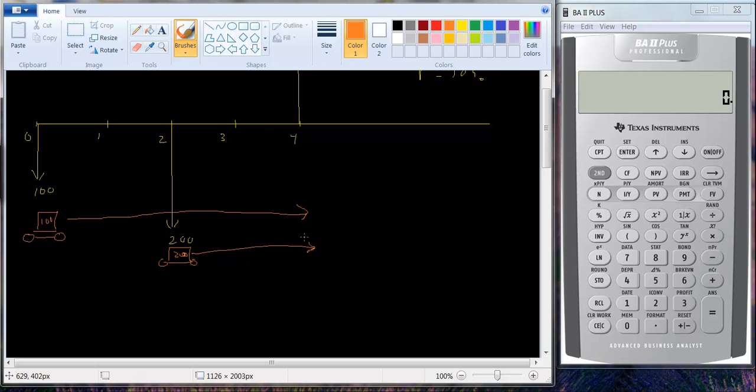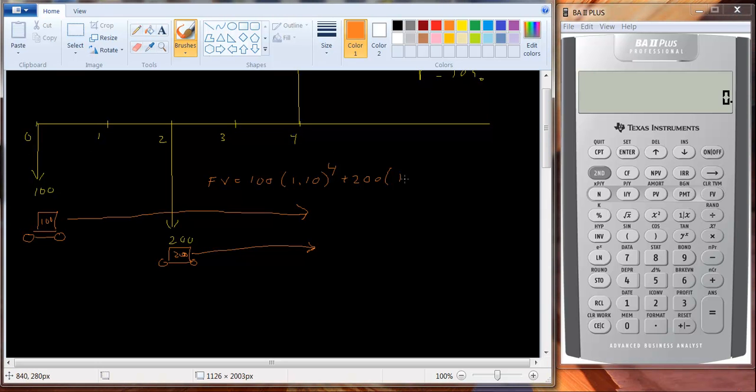So if you wanted to calculate the future value using that approach, the future value here would be 100 times 1.10 to the 4th power plus 200 times 1.10 to the 2nd power, because the 100 is going a distance of 4, and the 200 is going a distance of 2. So let's see what we get here.